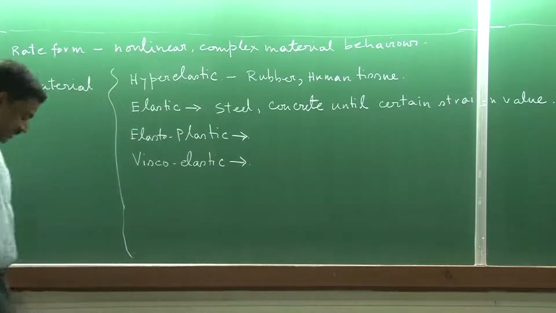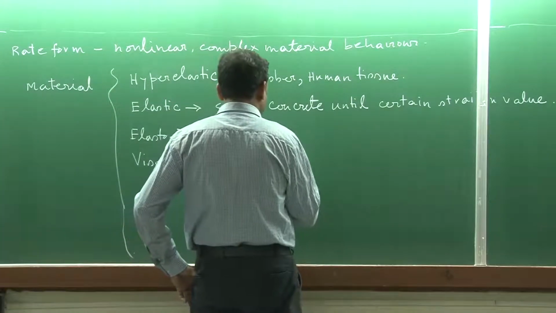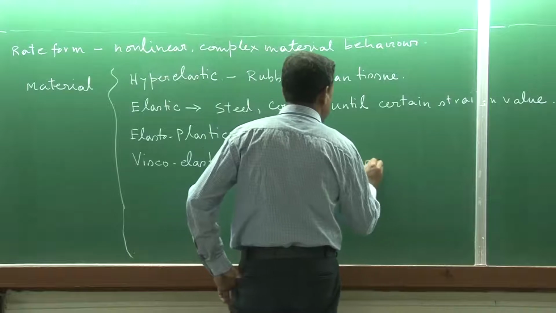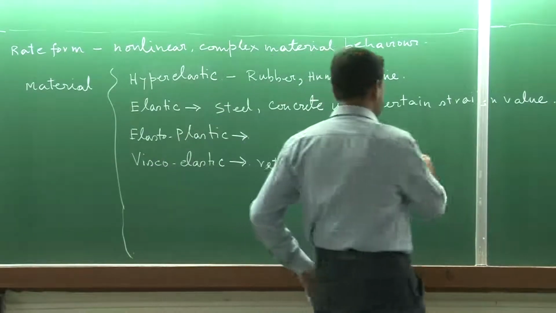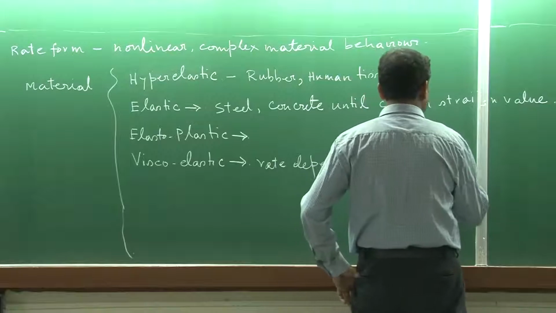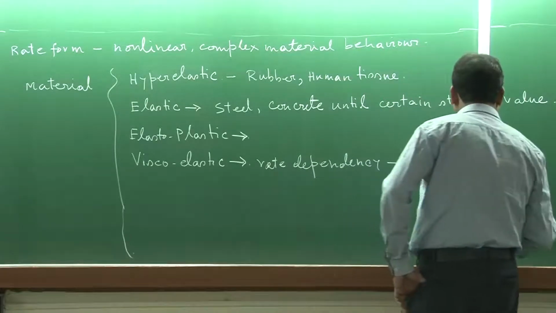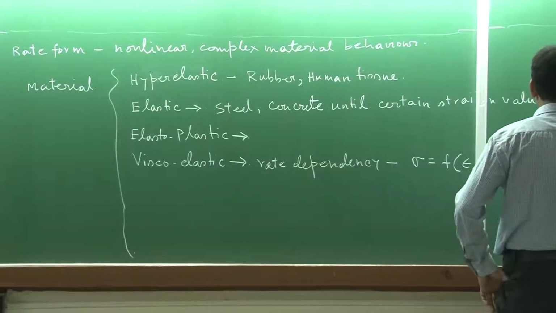And then you can have viscoelastic, meaning elasticity but with strain rate dependency. So, the stress is not only a function of strain, but of the rate of strain as well.